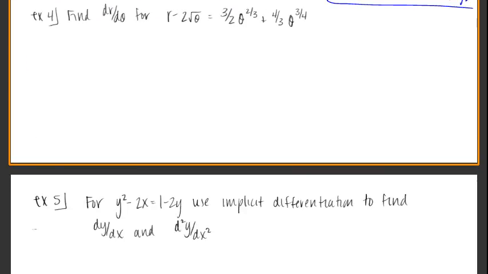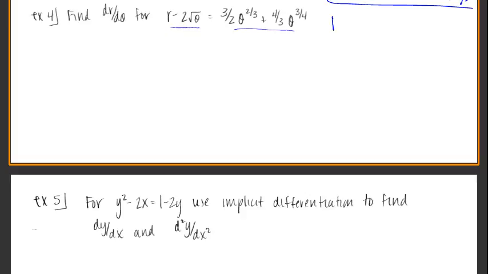Okay, example 4. We want to find the derivative for a very large function: r minus 2 square root of theta equals 3/2 theta to the 2/3 plus 4/3 theta to the 3/4. All right, we're seeing every inside exponent and everything on the right side. Let's look at that left side for just a second.